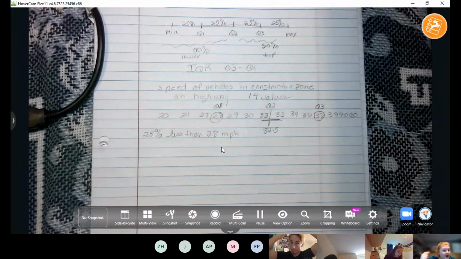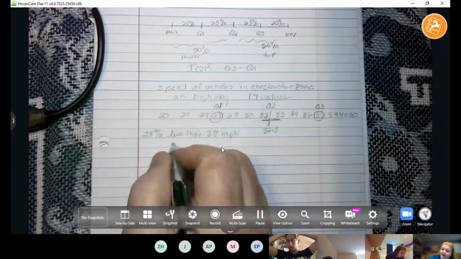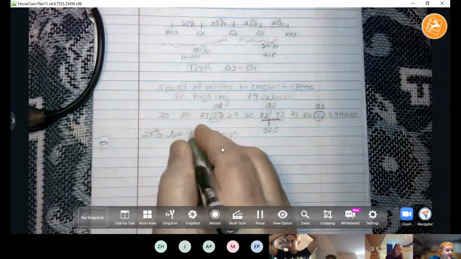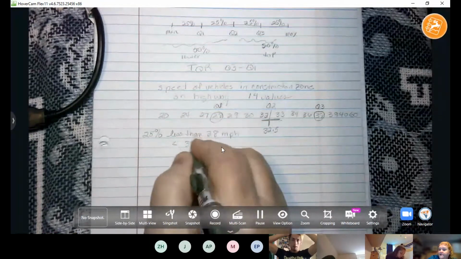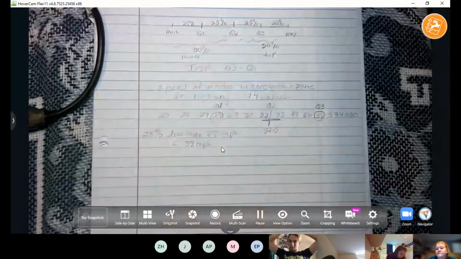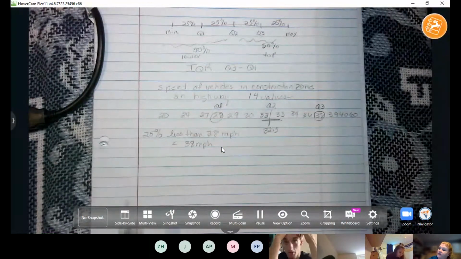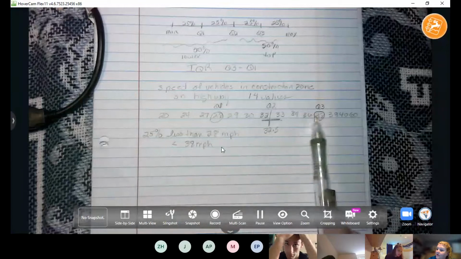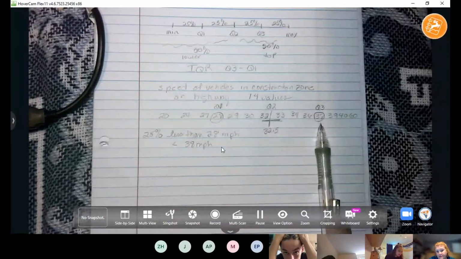What could we say about the percentage that is less than 38 miles per hour? So if we find 38 miles per hour on our chart, that is at what quartile?